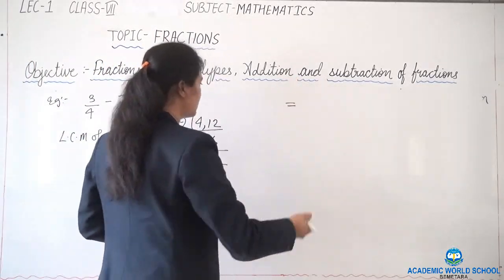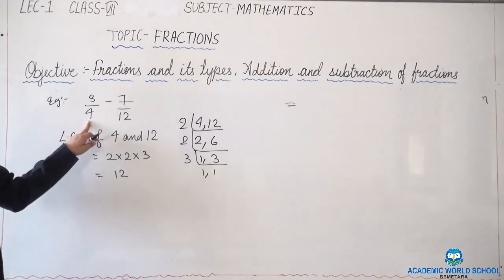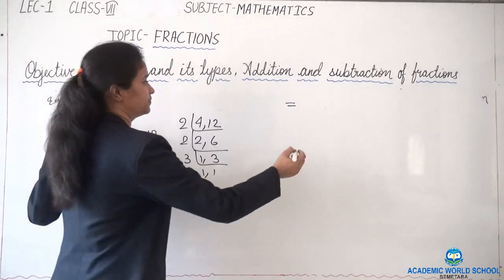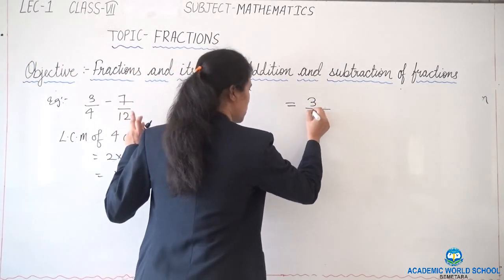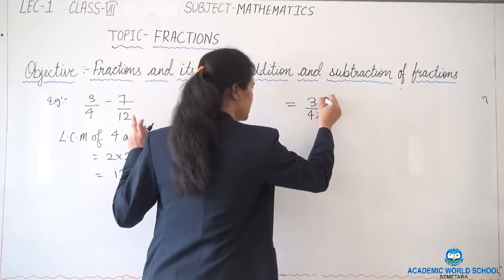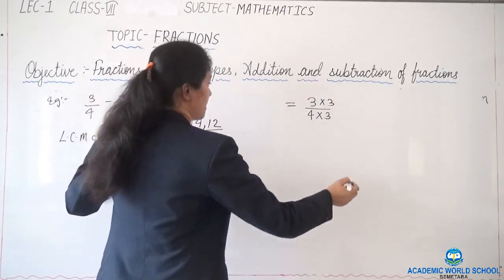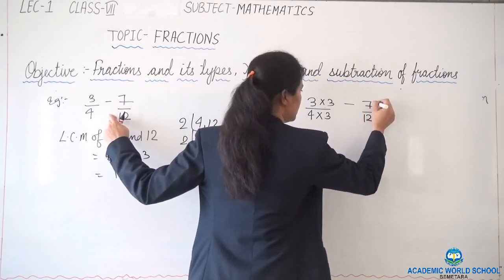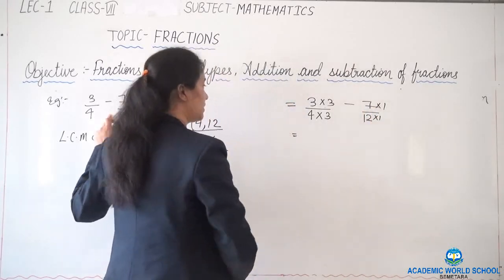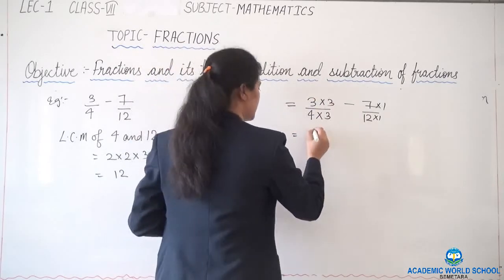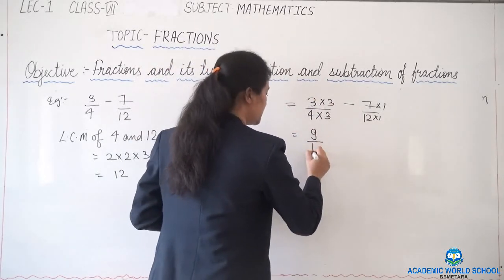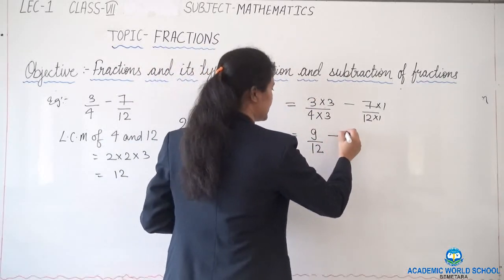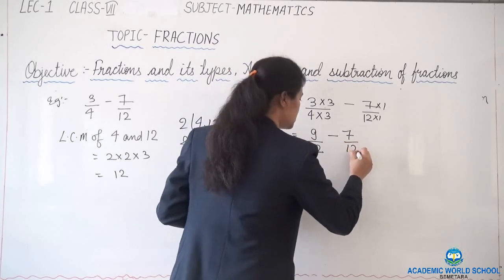Now the next step, what will we do? We will convert it into like fractions. That is 3 by 4 into 3 into 3, minus 7 by 12 into 1 into 1. 3 into 3, 9. 4 into 3, 12. Minus 7 by 12.